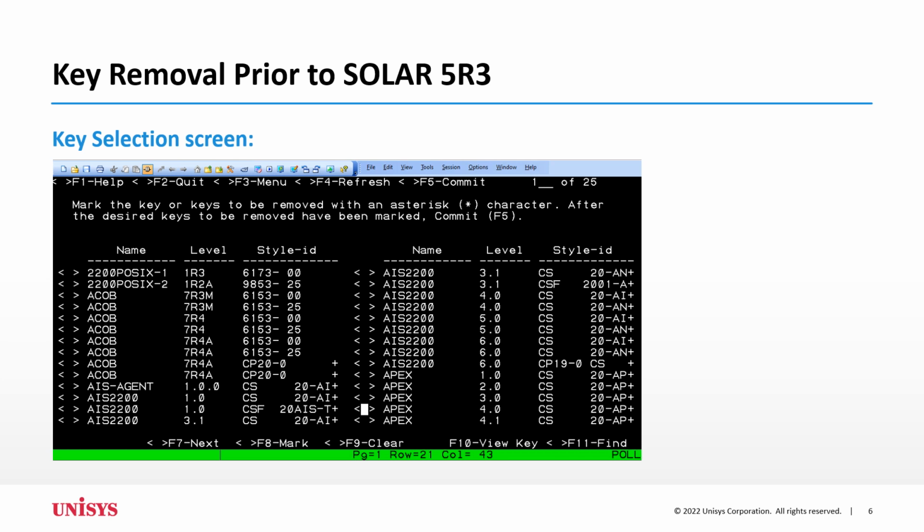As you can imagine, toggling back and forth between the key selection screen and the key information screen, trying to find and select all keys with a particular SCN or from a particular ClearPath release could become quite tedious.